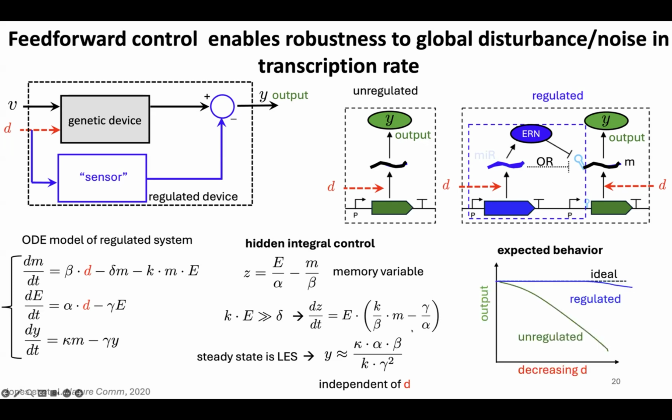So in this case, the expected behavior is that compared to the unregulated system, which suffers as the disturbance increases, the ideal system should have no change, and the regulated system we expect to be close to the ideal.